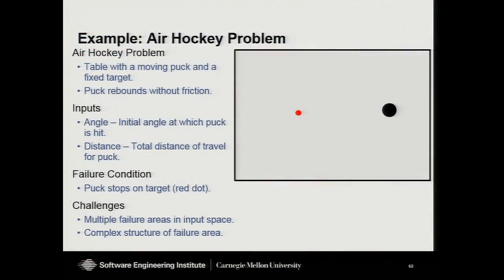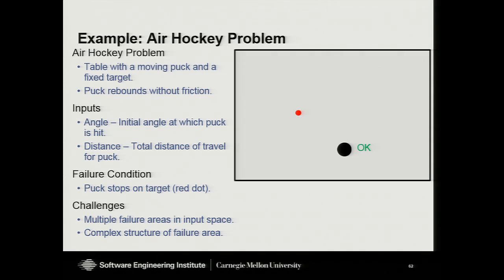Okay, so I'm going to give some examples from a small model problem. Imagine we have an air hockey table, a puck, and some red target. Our random inputs: we strike the puck at a random angle and at a force that will send it some random distance, and it bounces around and comes to a stop somewhere.